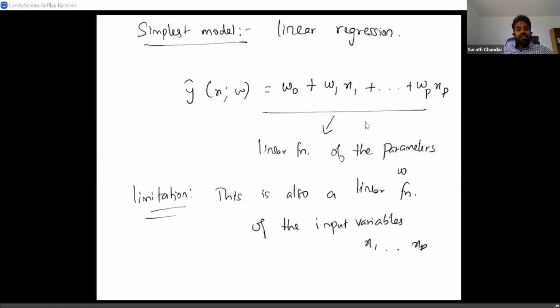But it is also a linear function of the input. We actually discussed this limitation even in the earlier lectures, and the solution that we came up with was making it richer by considering polynomials, like degrees of x instead of just the linear x.